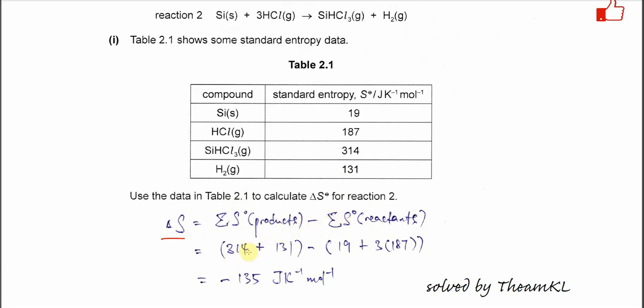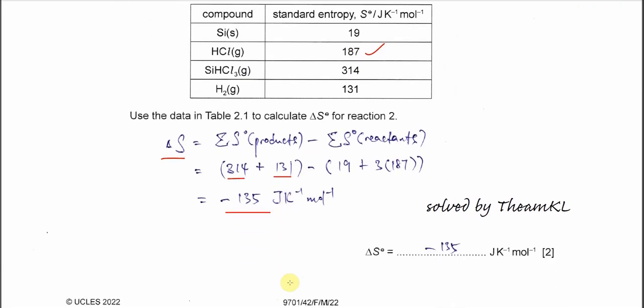This one is a product: 314 is for SiHCl3, 131 is for hydrogen, minus 19 for silicon, plus 3 times, because the coefficient here is 3, 187, which is for HCl. Therefore you will get negative 135 joule per Kelvin per mole. Remember, it's negative 135 joule per Kelvin per mole.